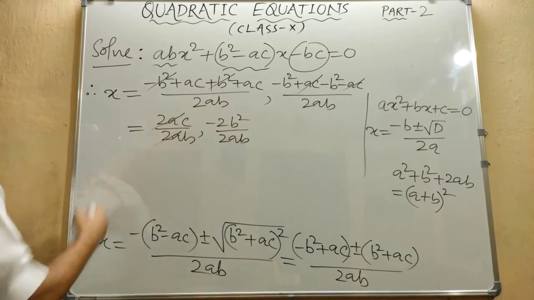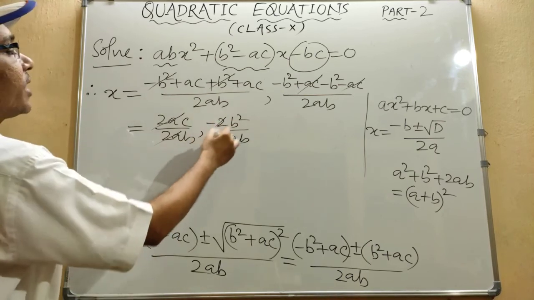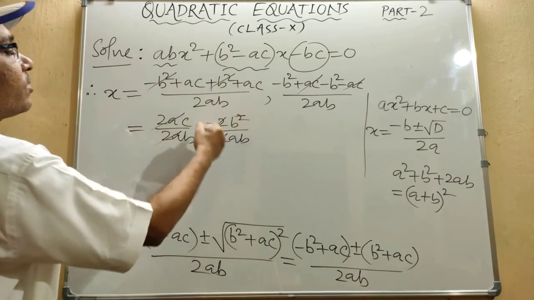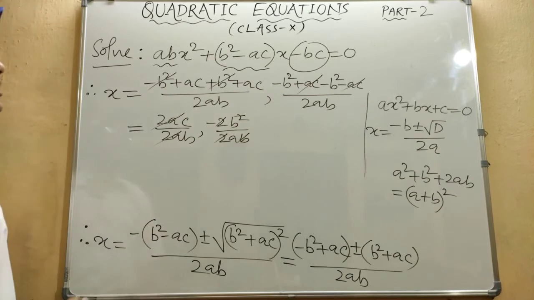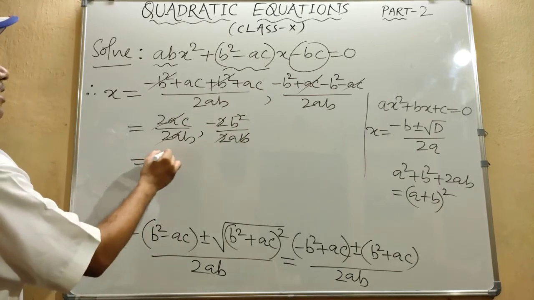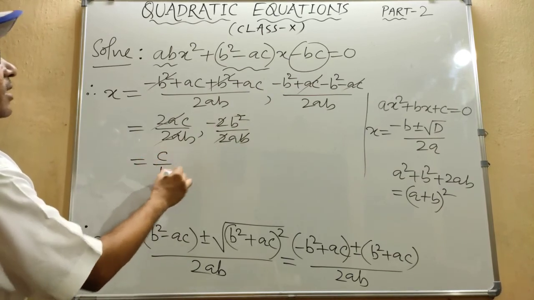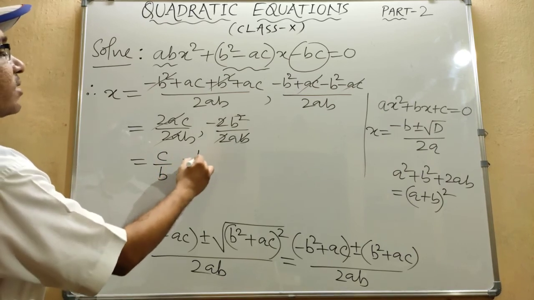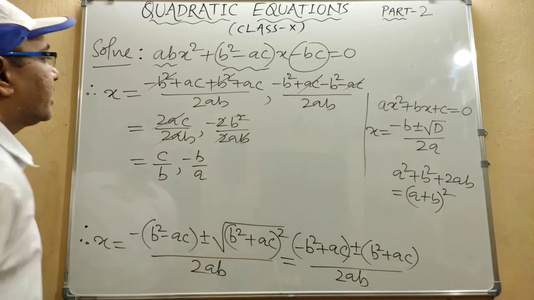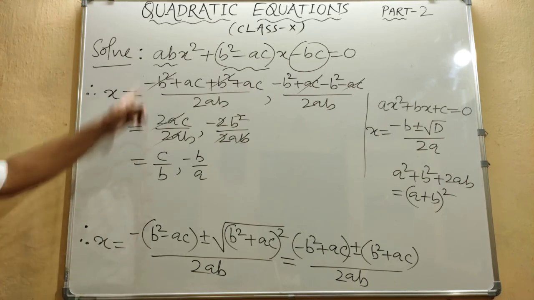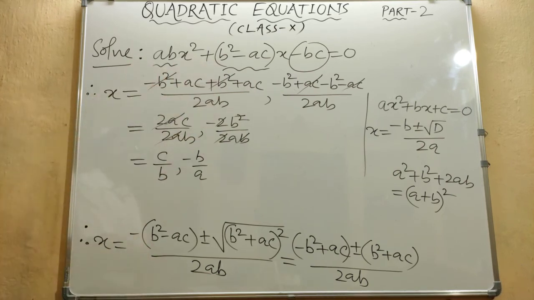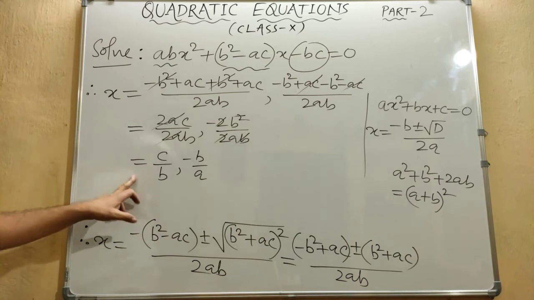Here 2a will cancel, here 2 cancels, so b square, 1b will cancel, so ultimately c by b, and second root will come minus b by a. These are the two roots of this quadratic equation, abx square plus b square minus ac x minus bc equal to 0. Let me check the answer.